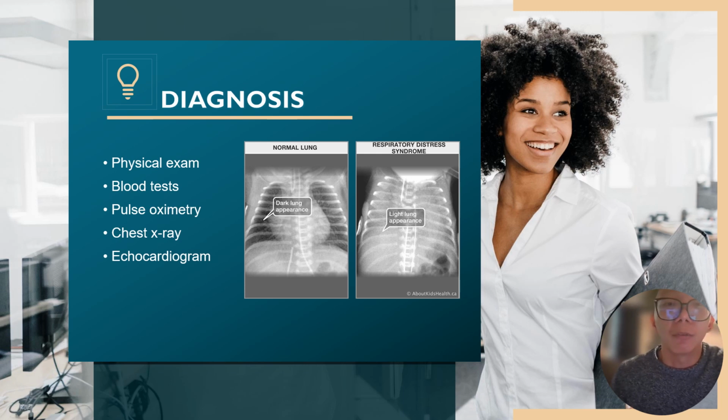We also have pulse oximetry, which measures the amount of oxygen in the infant's blood, or a chest x-ray, which sometimes may show a distinctive cloudy appearance of the lungs in an infant with NRDS. And lastly, we can also perform an echocardiogram to check for any possible congenital heart disease.